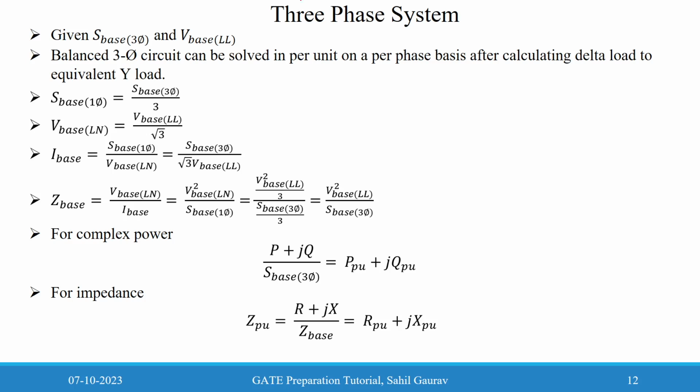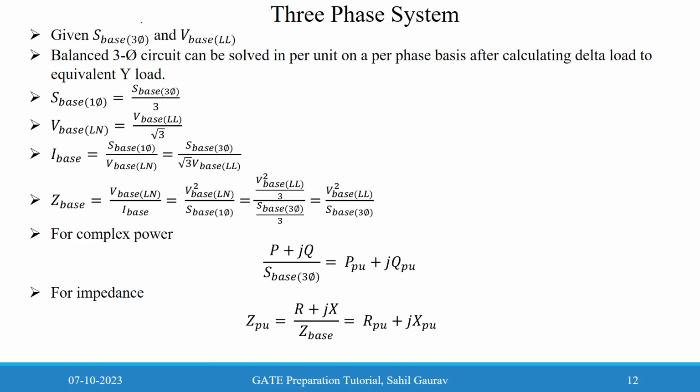A balanced three-phase circuit can be solved in per unit on a per phase basis after converting a delta load into an equivalent star load. So if we have a delta load, first we convert it to a star load, and then we solve the problem on a per phase basis, and we can convert the per phase system into the per unit system also based on convenience.